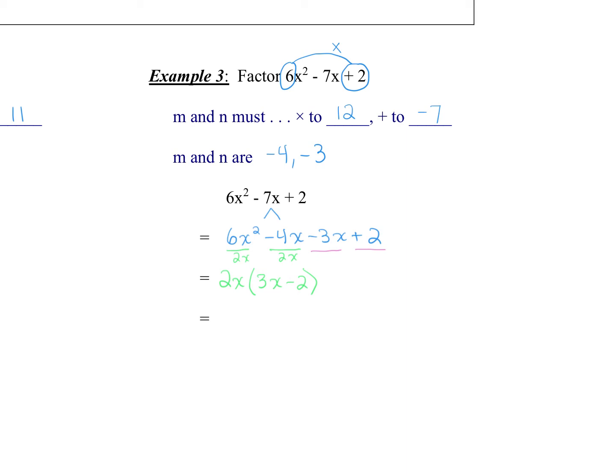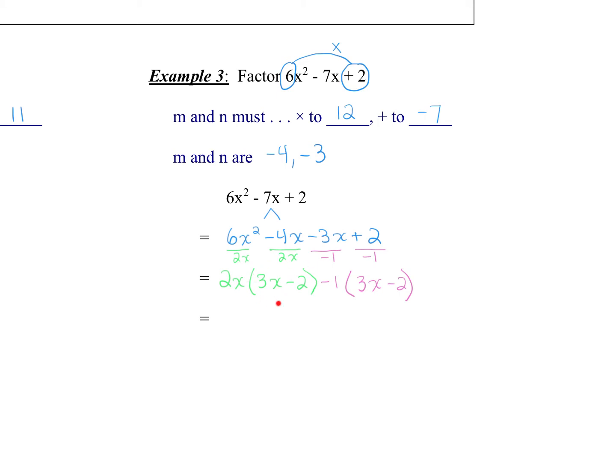For the second two terms, the only common factor between -3x and +2 is -1. So you common factor out a -1. Then -3x divided by -1 is 3x, and 2 divided by -1 is -2.